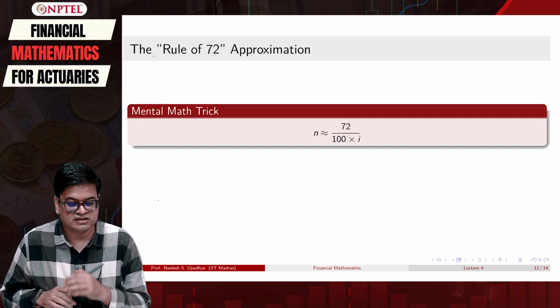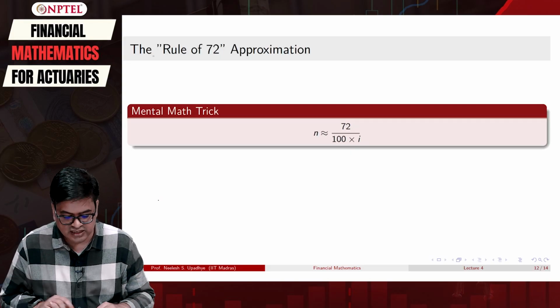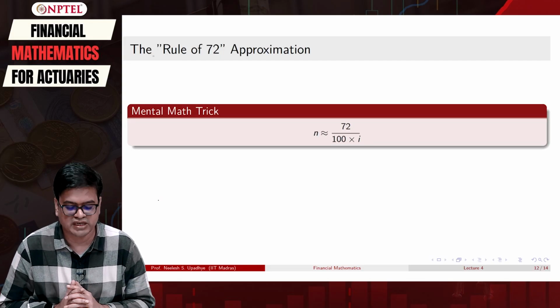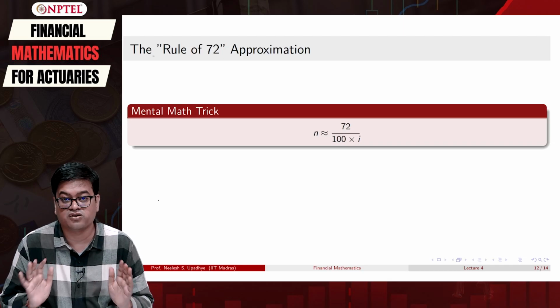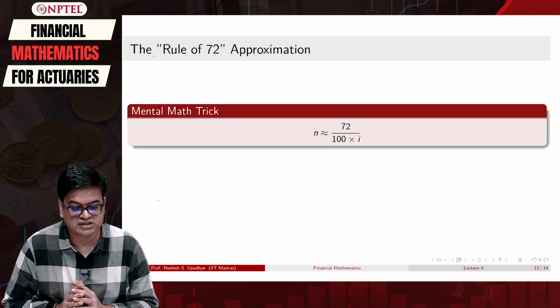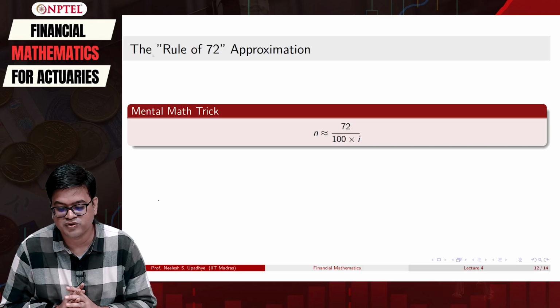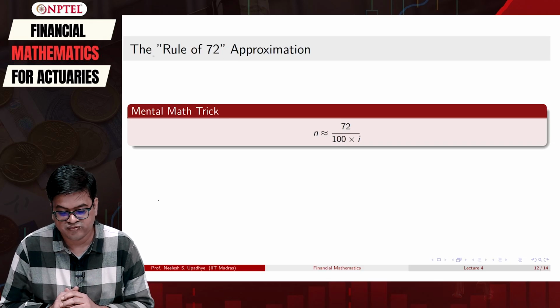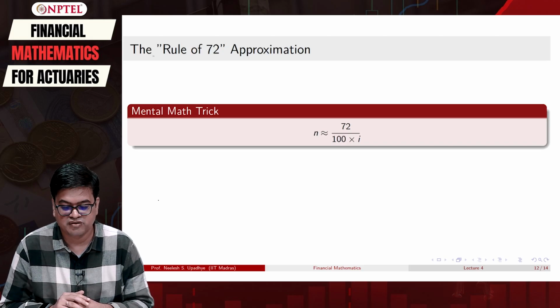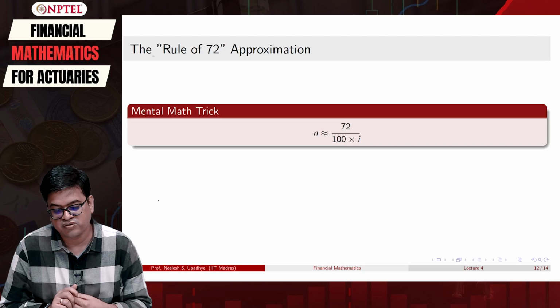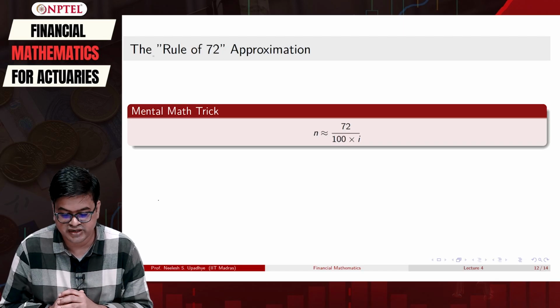Okay, so that slide is basically the rule of 72. So this is a mental math trick. It doesn't work for all ranges, that's a disclaimer, but however whatever interest rates you are given with, it will mostly work. So the trick is, if I want to find n for doubling the numbers, I will simply take the interest rate, say 8%, and now I will multiply it with 100.